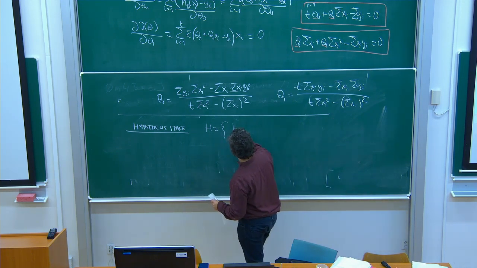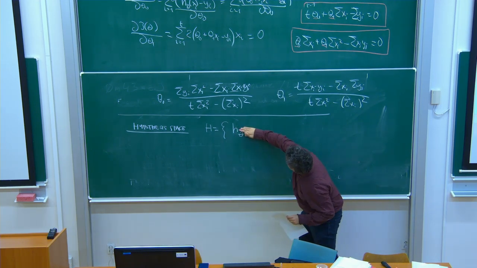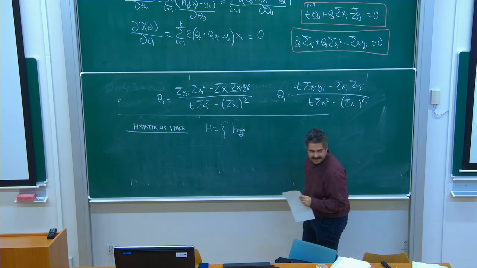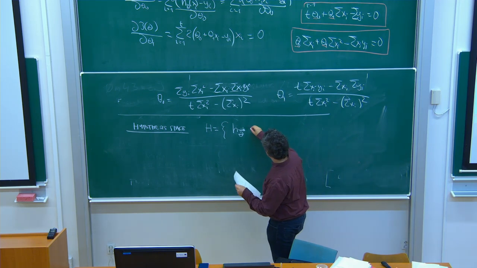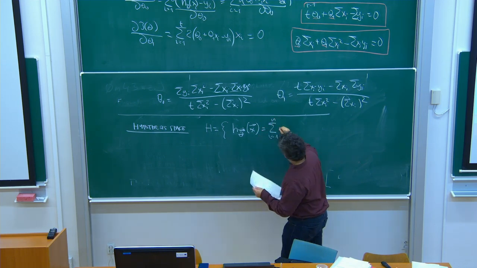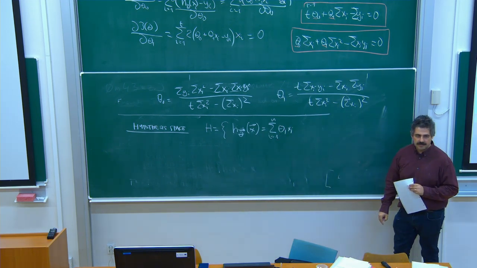You have some vector of parameters. I just marked the vector, I shouldn't do that because it gets spoiled. So if you have something like this, you simply have a function that looks like this, right?